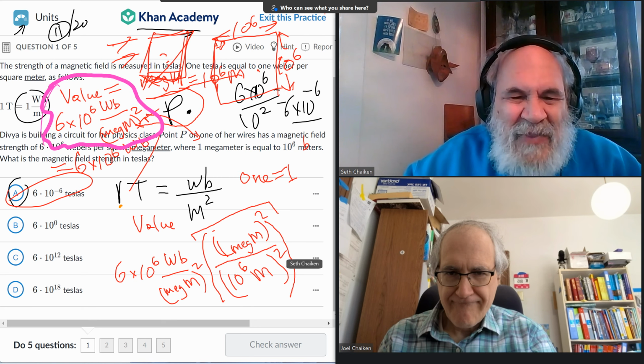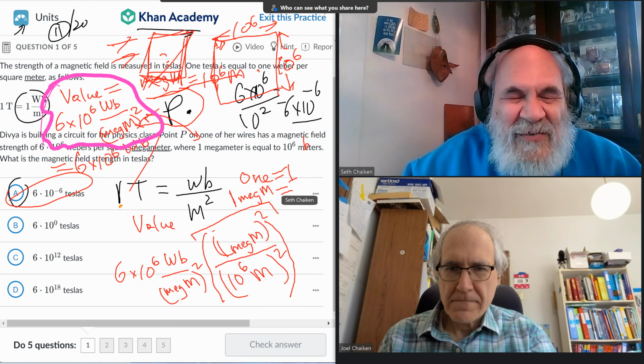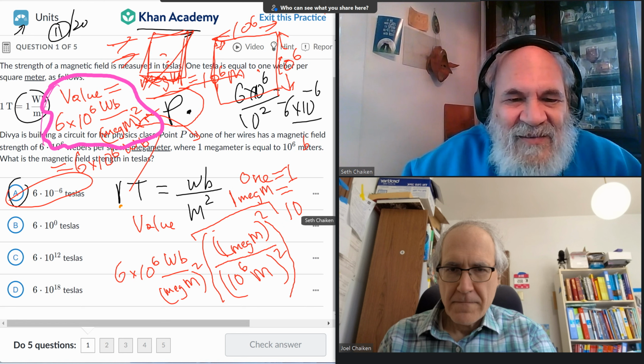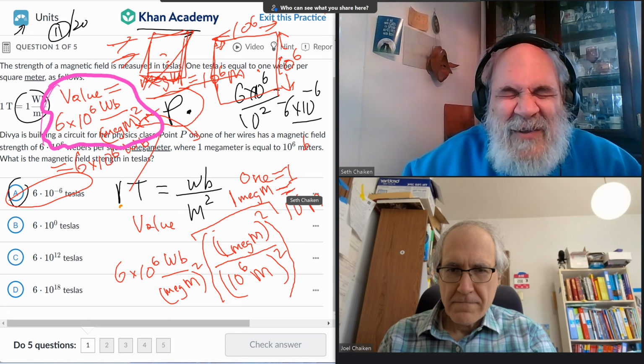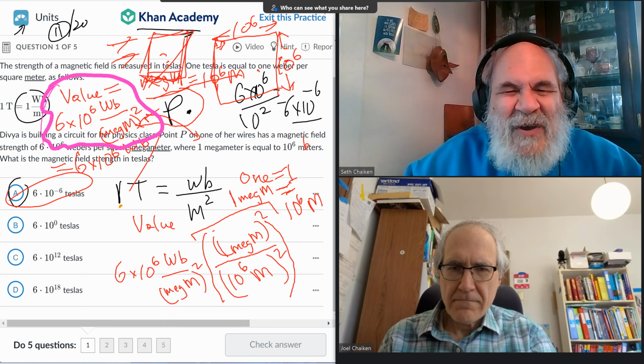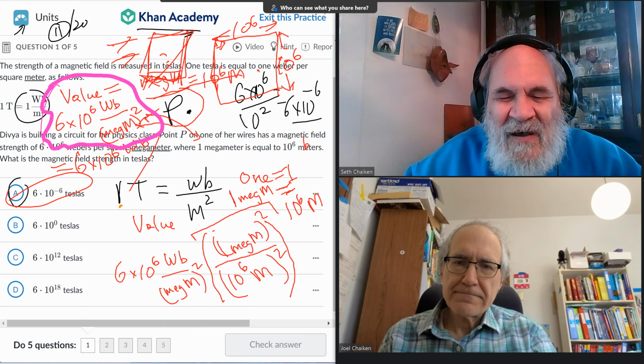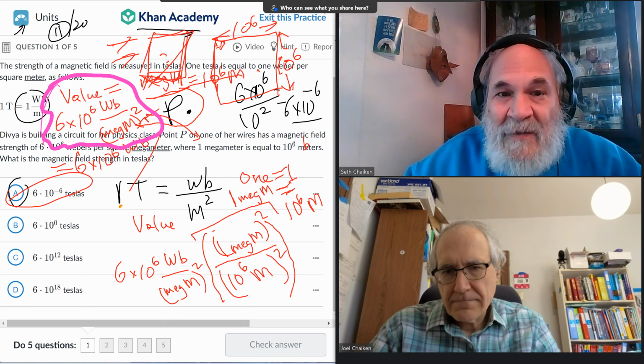So the principle is that since 1 megameter equals 10 to the 6th meter, these two quantities with their units are equal. We could square both sides and then divide out one of the sides to get a 1.